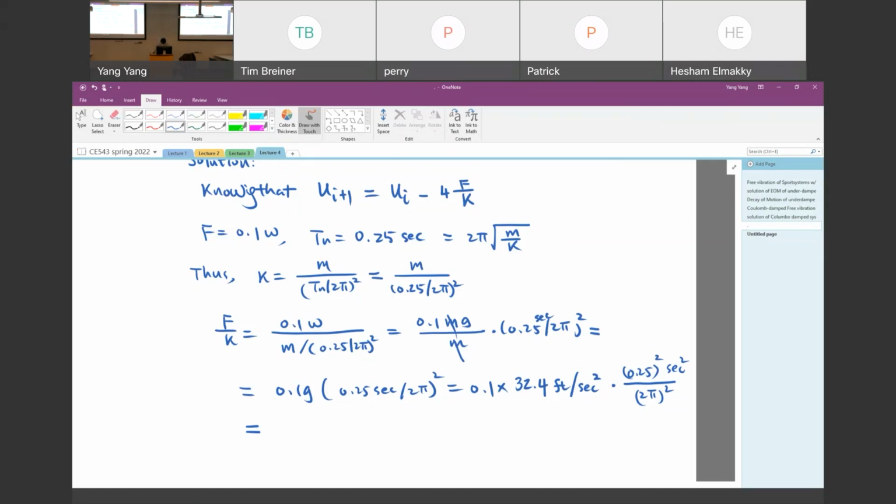We have already expressed the k in terms of the period and the mass. Yeah, we know the unit, but we don't have to have the variable k here. Here, the F over k should be input.